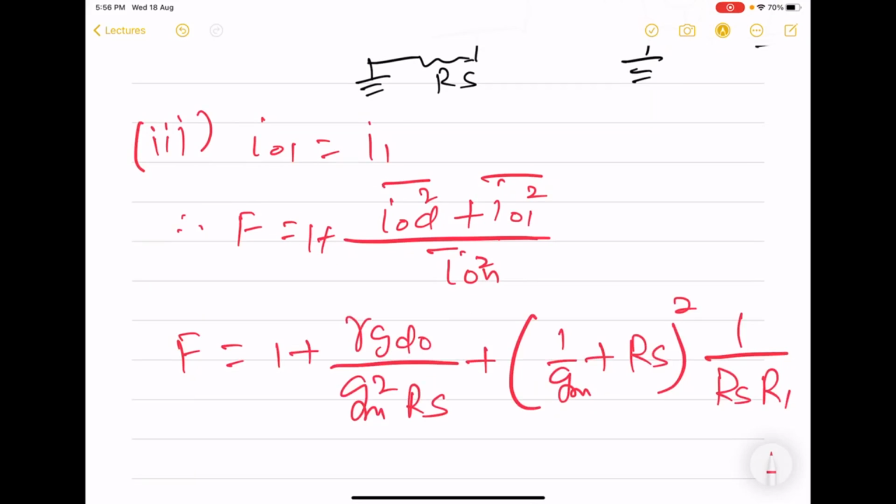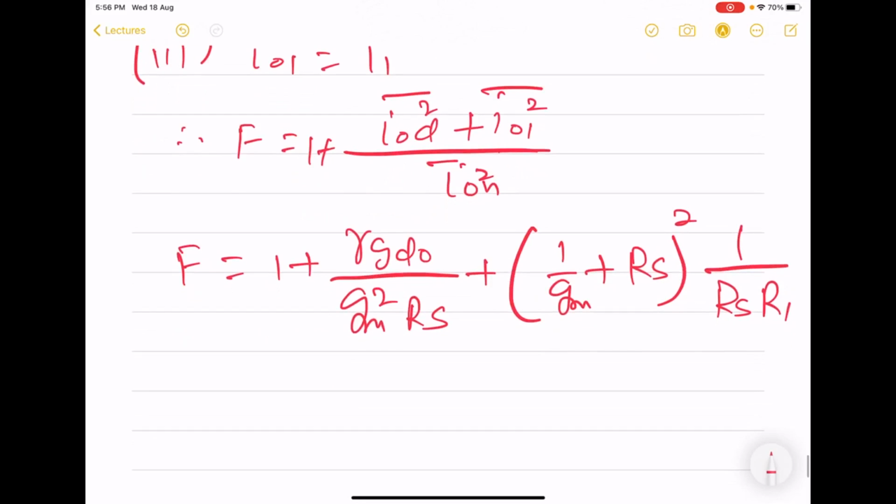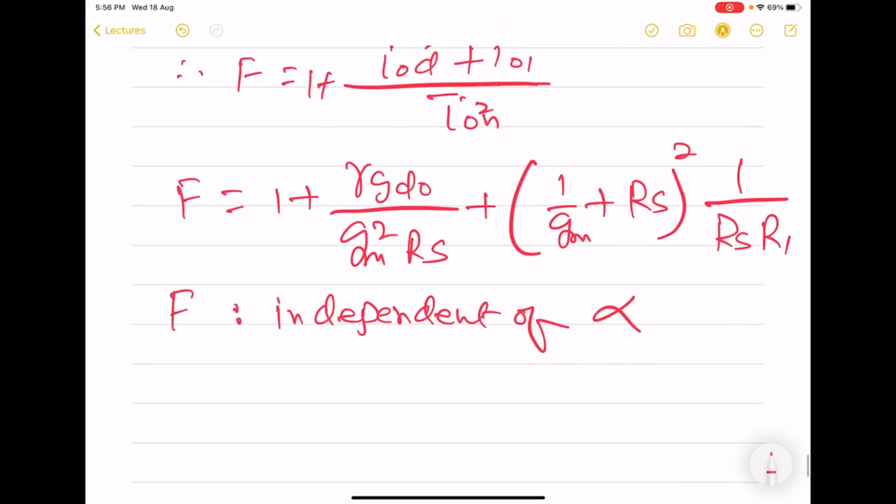So here we find that this is independent of the feedback factor alpha. So using alpha, one can choose Z in, and then here we have freedom of changing F with the help of GM.